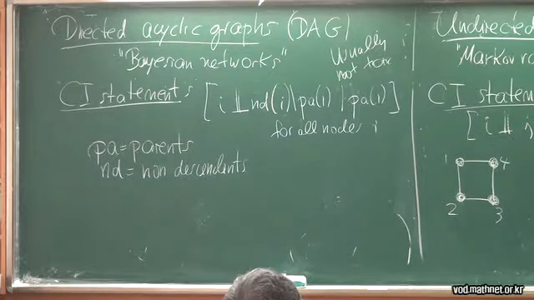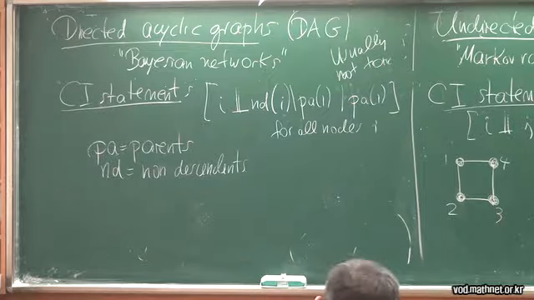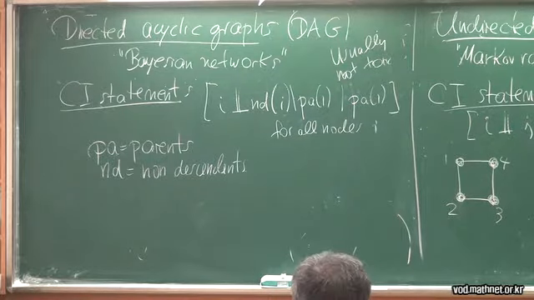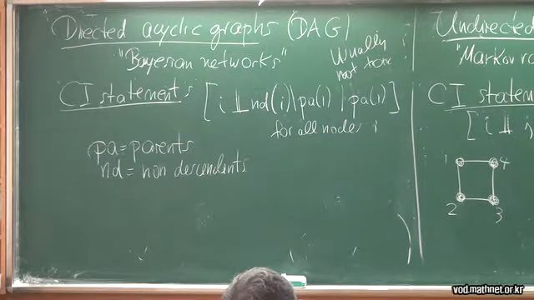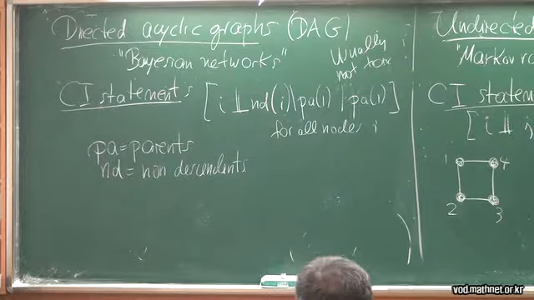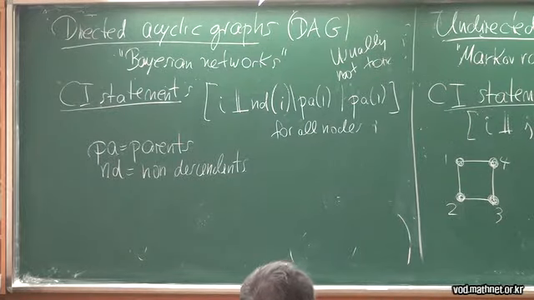Well, a descendant is everybody downstream. Some other node K is a descendant if it's your child or your grandchild or something. So if there's a sequence of directed edges from I to somewhere to somewhere to K, that's a descendant. A non-descendant is somebody who's not a descendant, other than you.